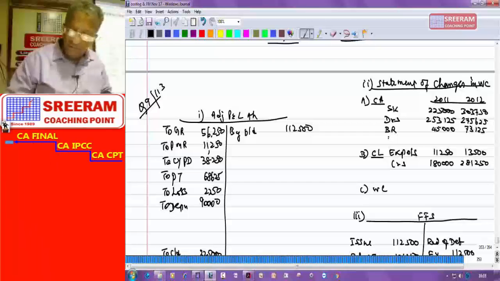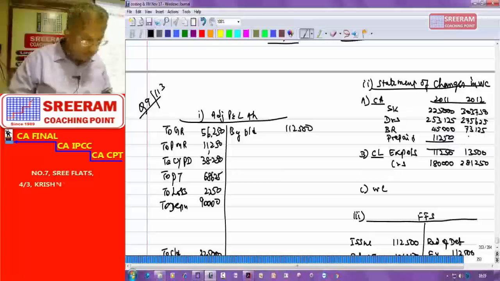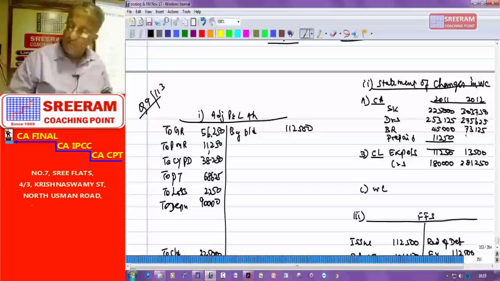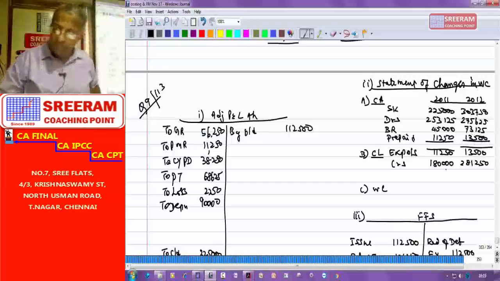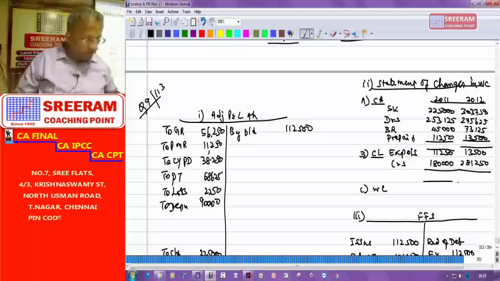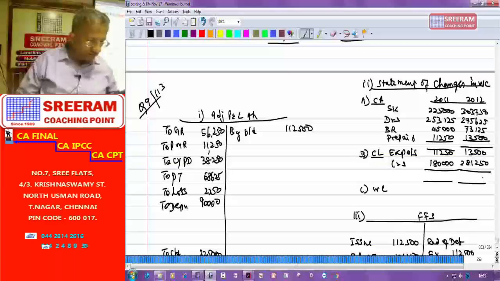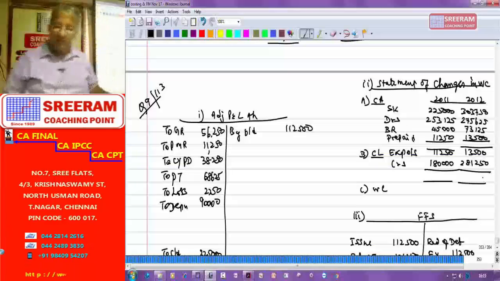Prepaid 11,250 and 13,500. So fixed asset over, investments account over, debenture over, tax over, provision we have ignored, proposed dividend we have considered.